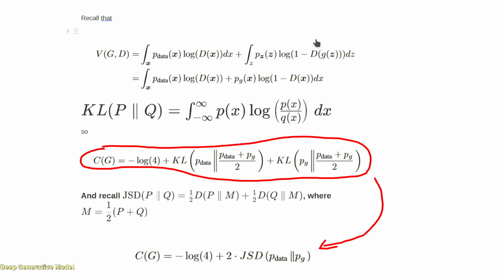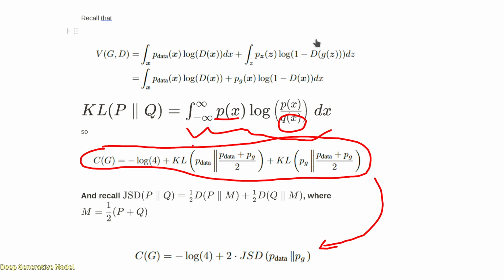That is, KL(P||Q) is not equal to KL(Q||P). They are different. And the other poor property is that when Q is 0 but P is not 0, this one is going to become infinite, which is very bad.